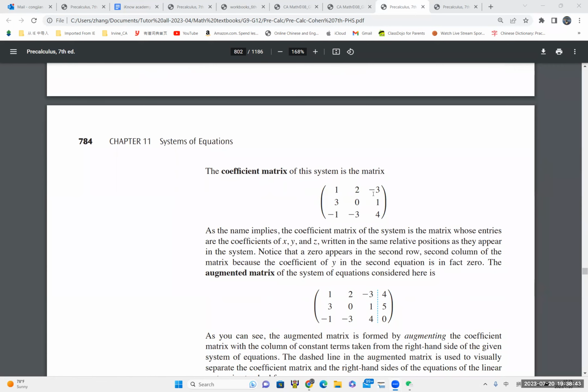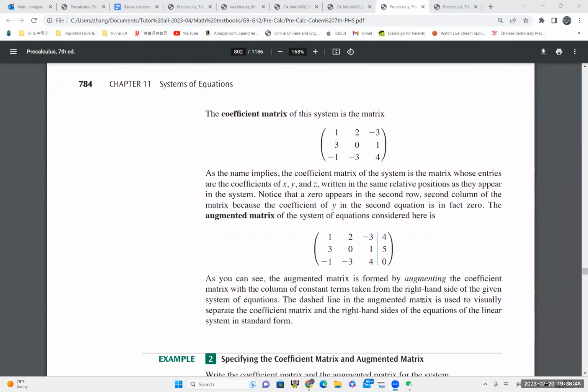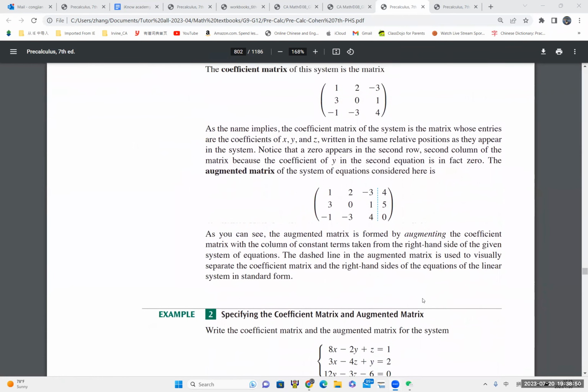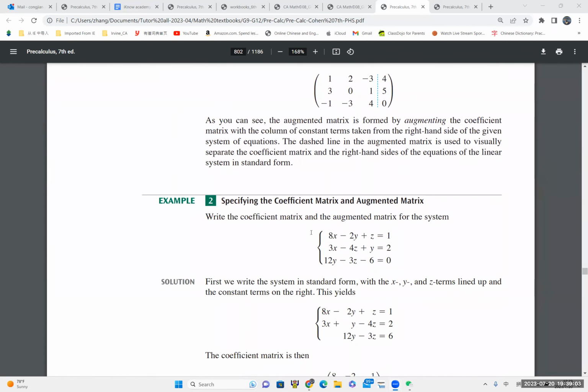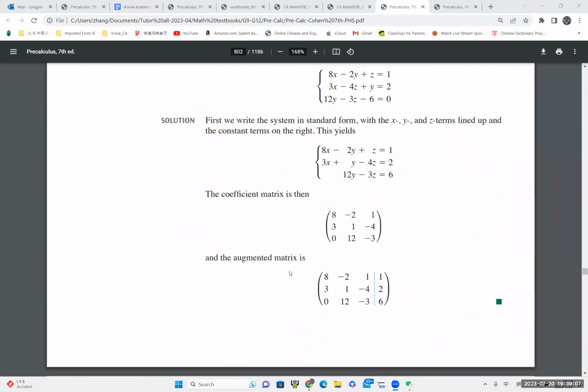Then we call this a coefficient matrix. An augmented matrix adds one more column. Then we can write this in matrix form, right, using the augmented matrix.